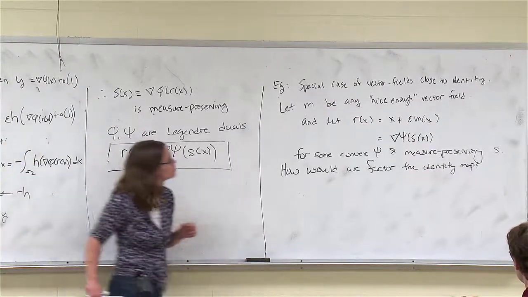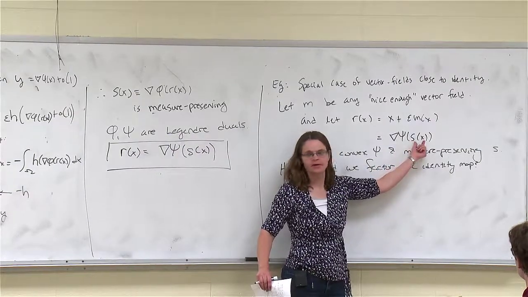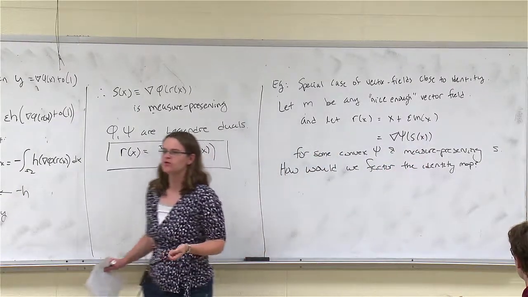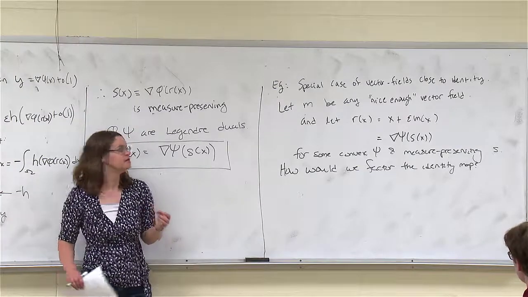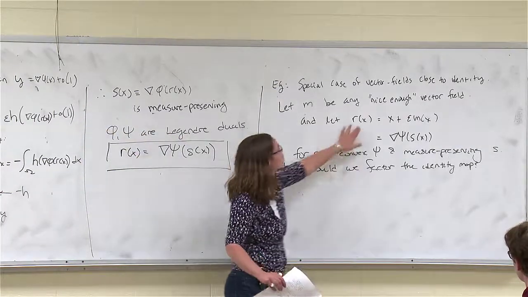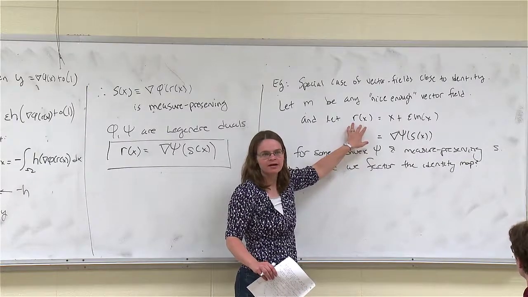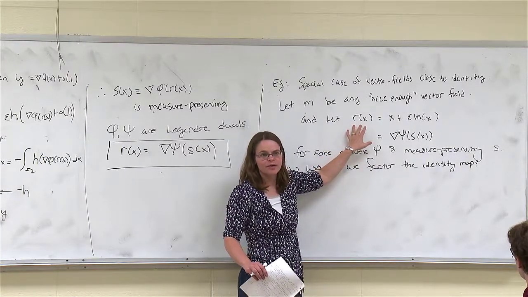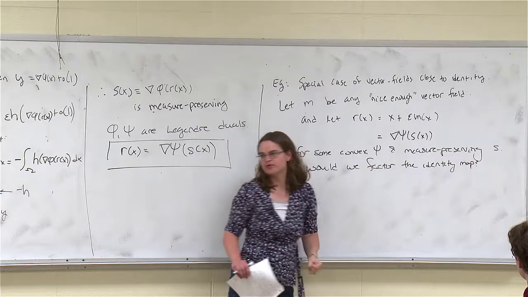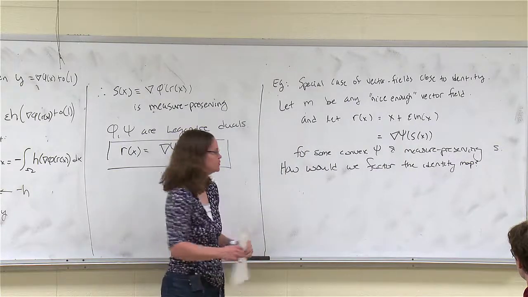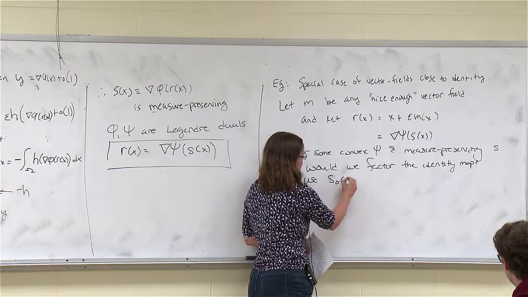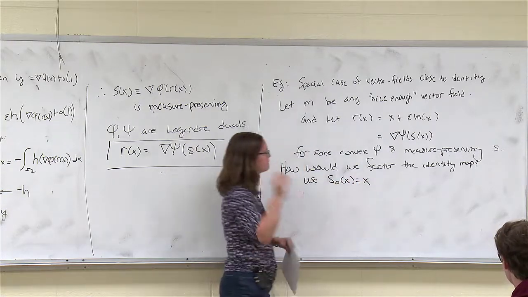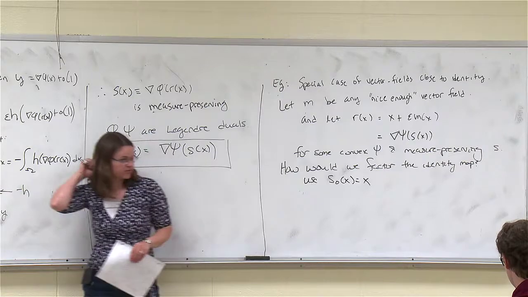We need a measure preserving map here. What's the simplest measure preserving map you can think of? The identity, right. So we're working with the identity map. So, in order to get a nice structure for the identity map, we shouldn't have to rearrange things too much, right? We should be able to use S naught of x equal to x as the identity. And then what's my convex function?